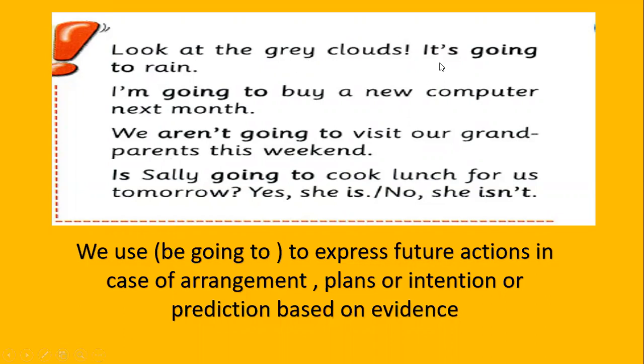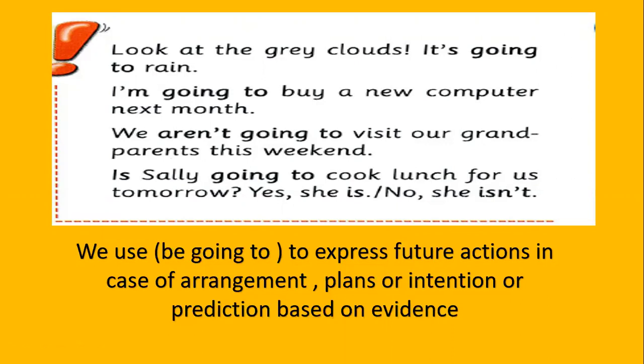And it's going to rain here means it is going to rain, because going to is used with am or is or are, which is verb to be in the present. So another sentence, I am going to buy a new computer next month. Here, this is planning. This is planning for the future. And he needs a computer, right?